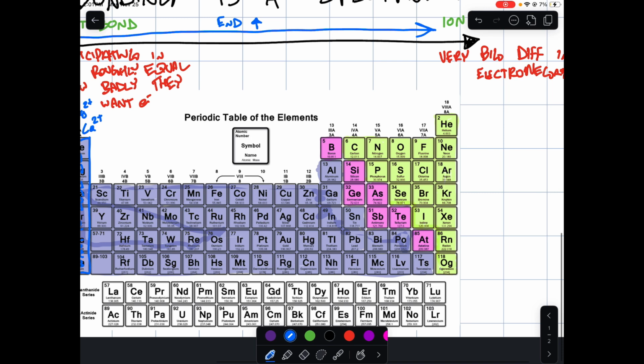On the other side of the spectrum here, we're going to look at our noble gases. They have a full outer shell. Okay? So they're not going to gain or lose any electrons.